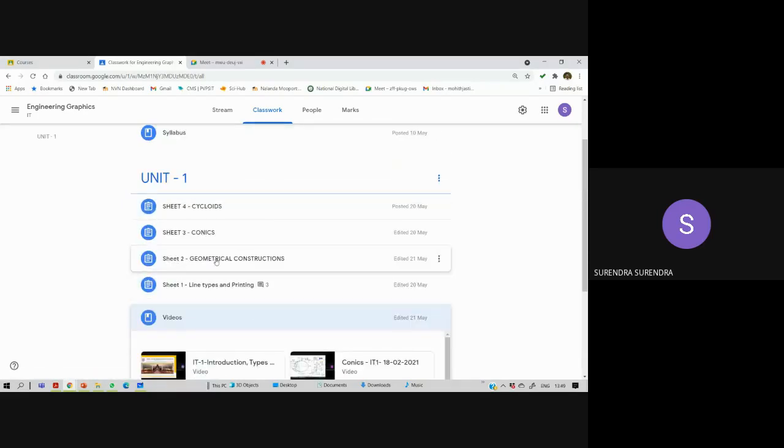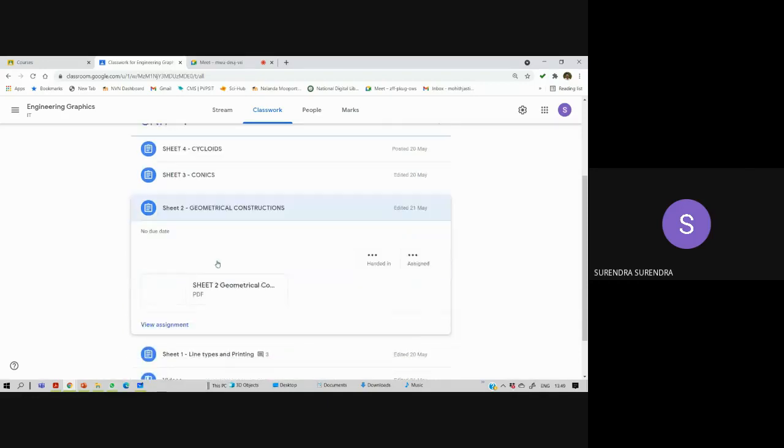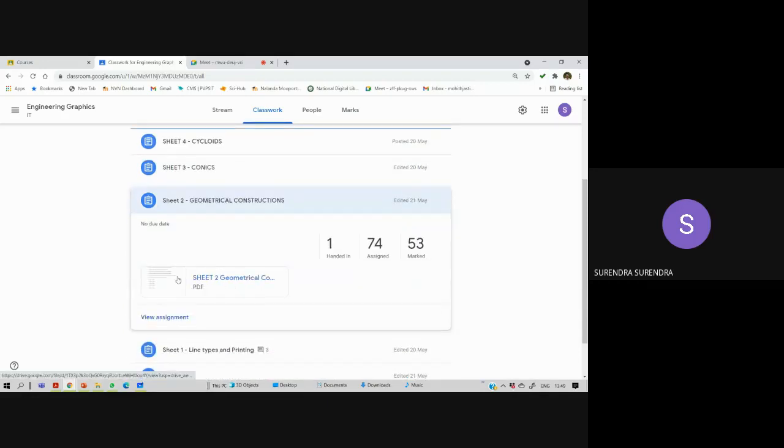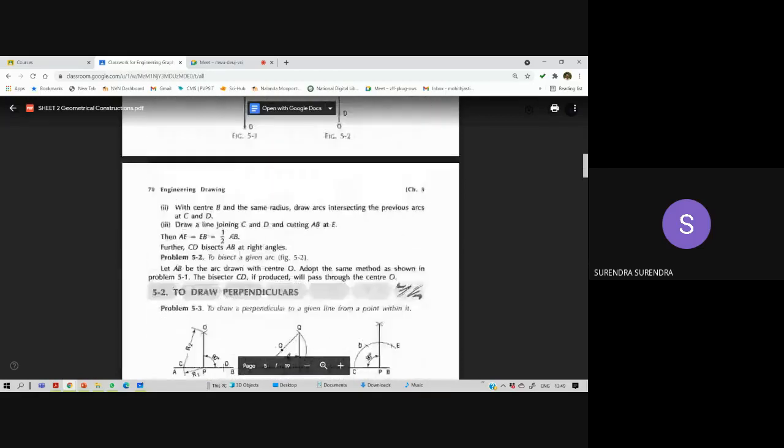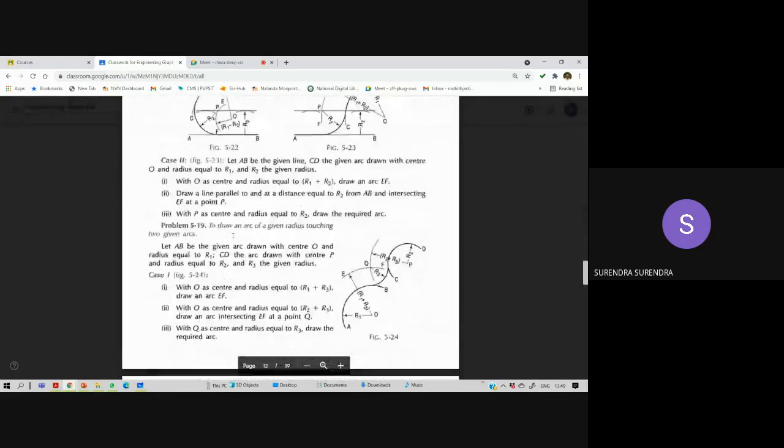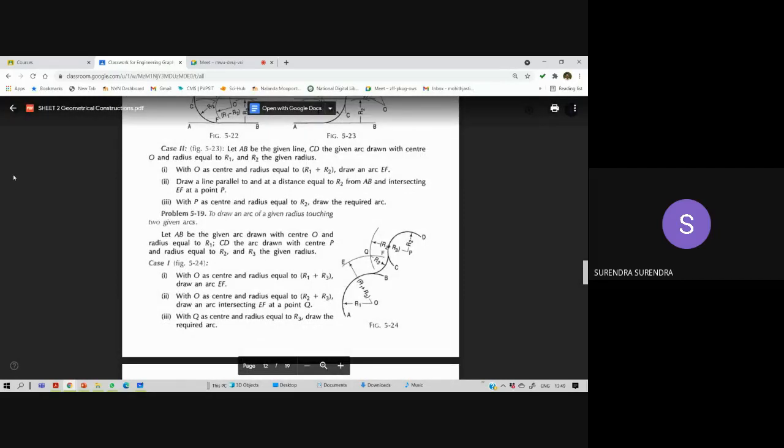And if you go on to the geometrical constructions and click on the assignment, you can see the PDF, the work which I have allotted. At the bottom, you can also find the material from the textbook. As in these pandemic situations it is not possible to purchase a textbook, I am providing the material for every sheet.